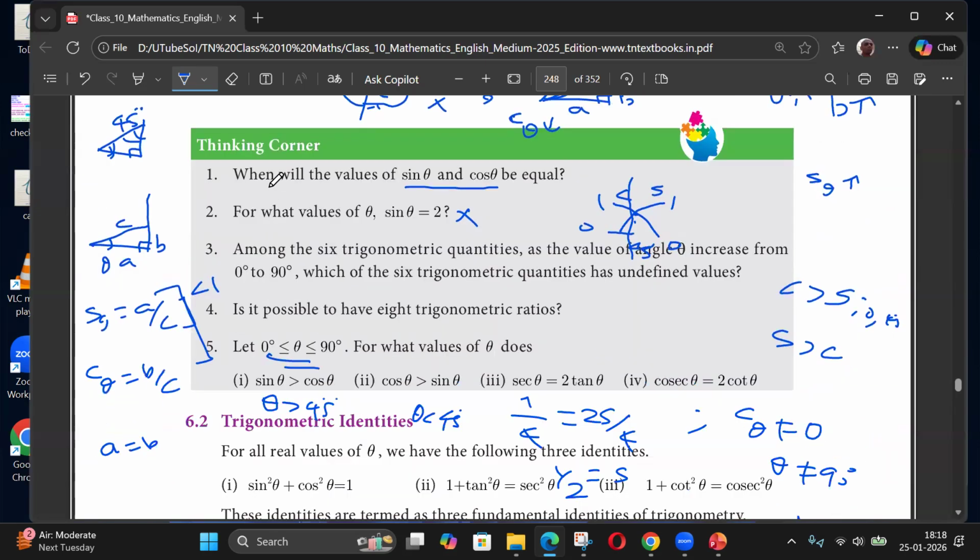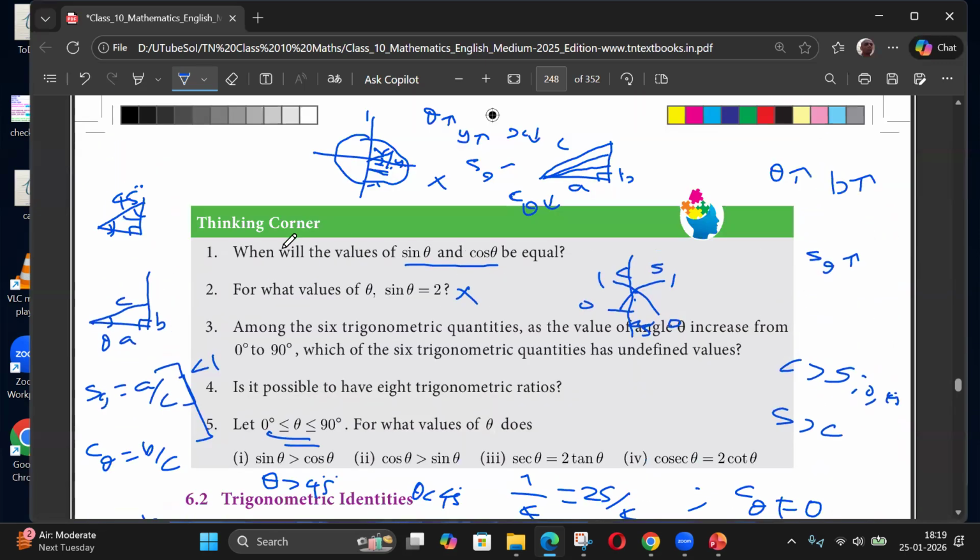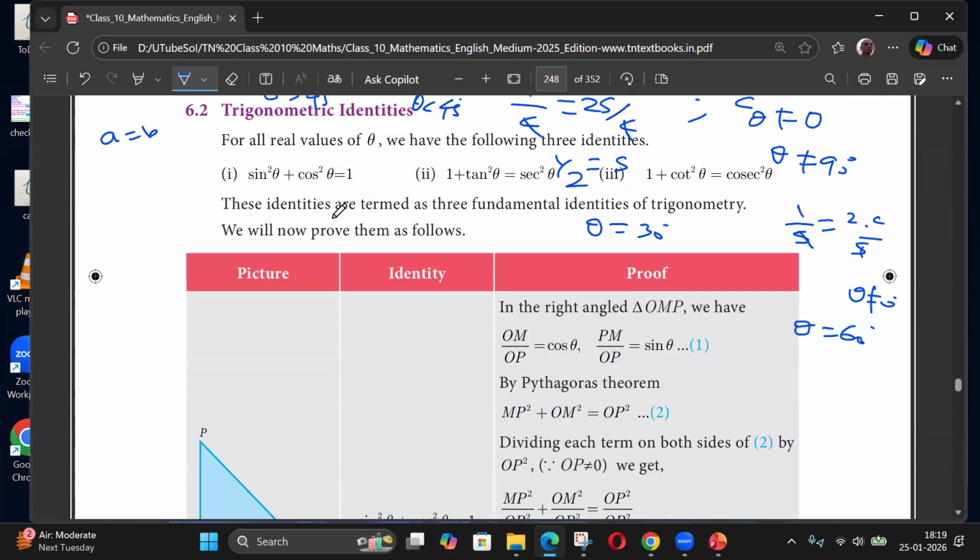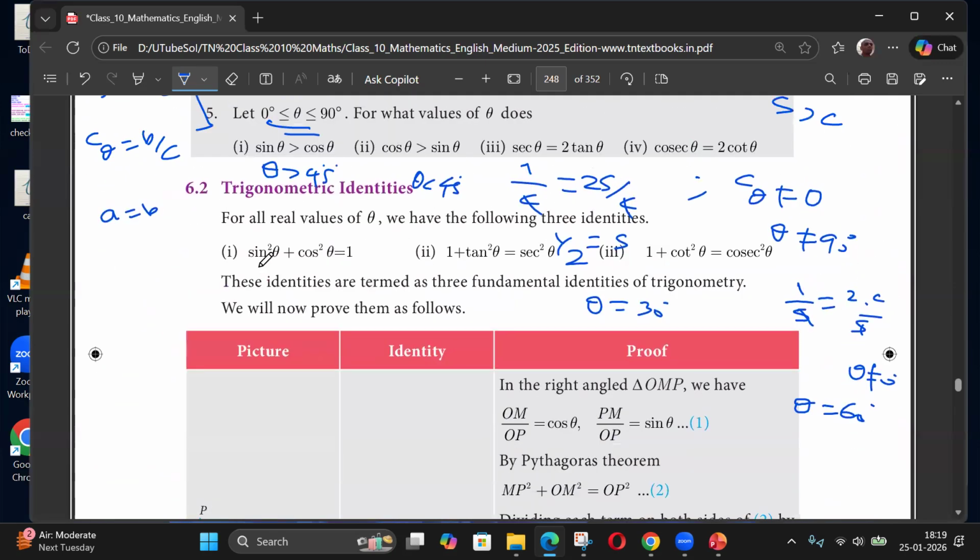Is there any answer given here? No, sir. Okay. Trigonometric identities. Once you have this relation, you can prove this one: sine square plus cos square is 1. Because if you take this triangle and call this theta, this 90, and this A, B, C, sine theta is opposite by hypotenuse, and cos is adjacent by hypotenuse.